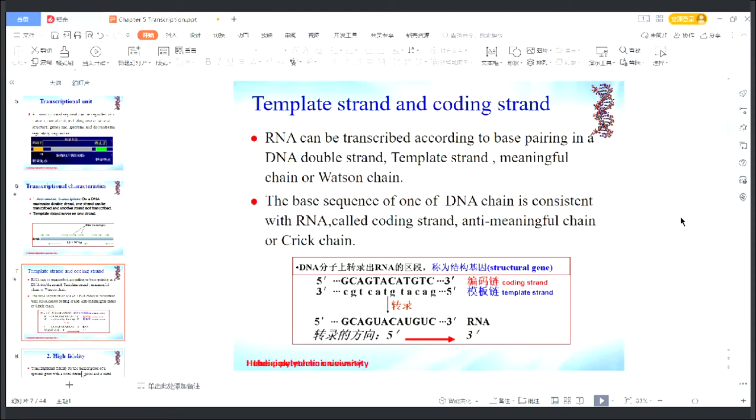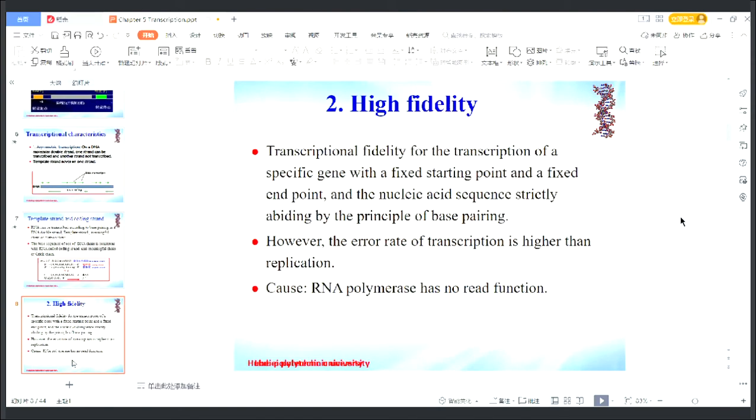And another property you can see is high fidelity. Maybe we studied the proofreading in replication. For transcription, the fidelity is for the transcription of the structural genes with a fixed, stable start point and a fixed end point, and the nucleic acid sequence strictly abides by the base pair principle.